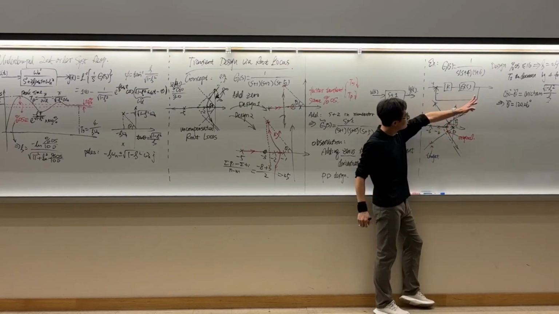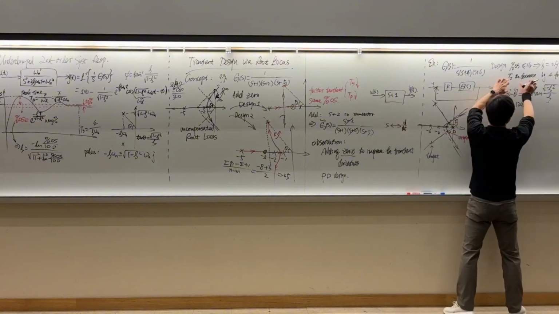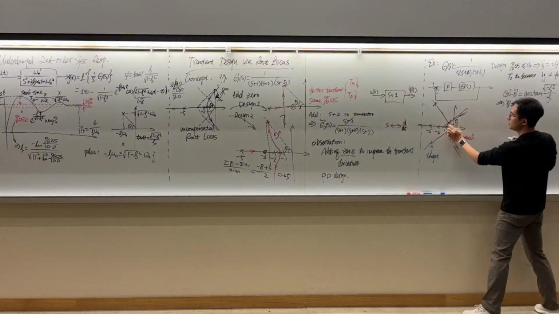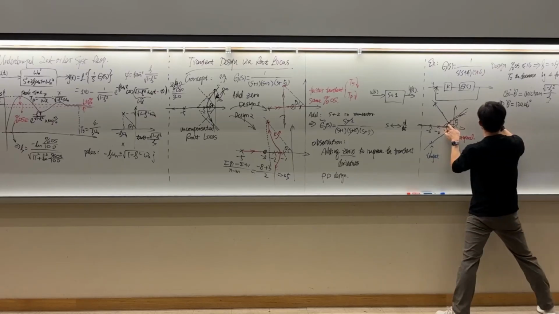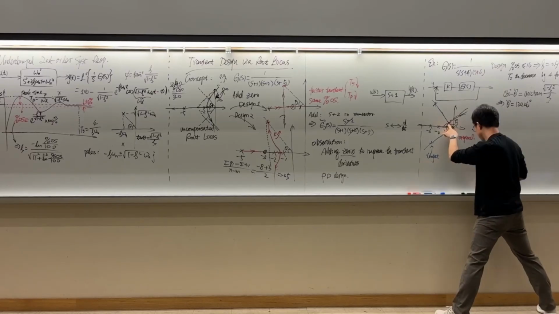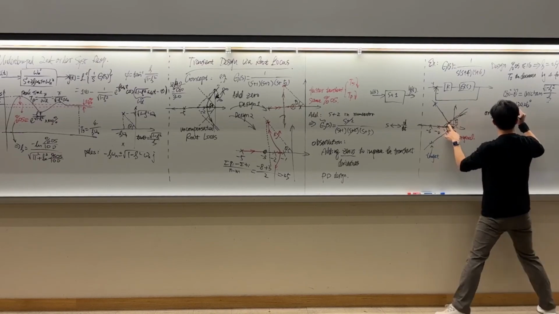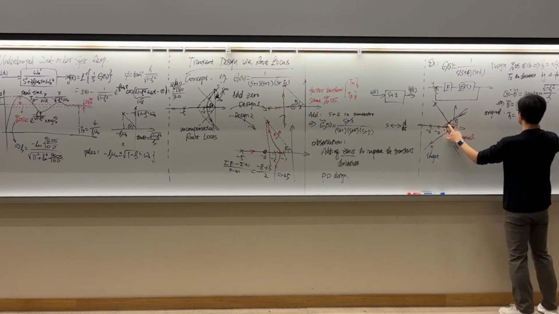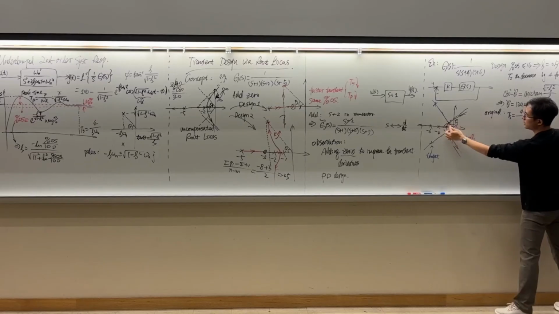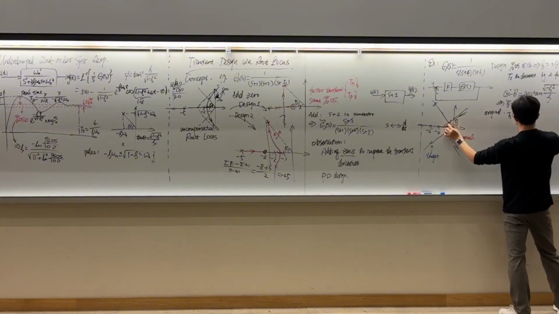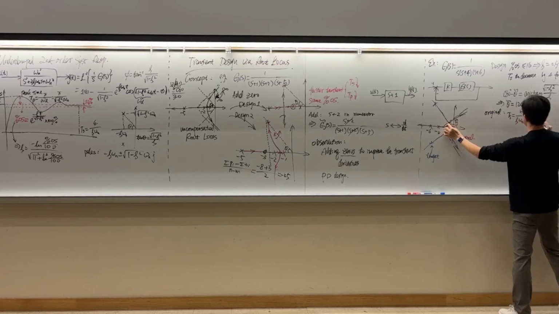Now let's focus on the settling time. Let's think about the original settling time for this design. The original settling time is going to be 4 over the real part of this root locus location, so it's zeta omega n original.